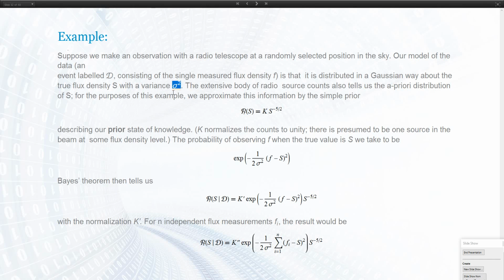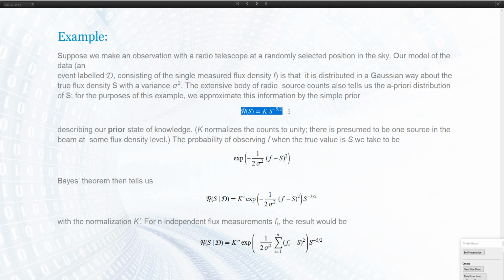And from earlier observations we have a priori a prior probability distribution that's looking like this, because we were looking it up in some catalog of radio observations. Yeah, that's our prior knowledge. K here makes sure that this is normalized to unity.